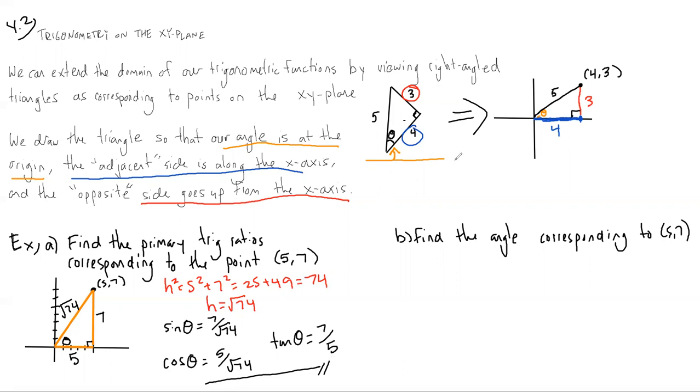For part B, we're going to find the angle corresponding to 5, 7. We can use any of these equations. I always like to use the tan equation because it comes directly from the coordinates 5 and 7. So we can solve this equation.